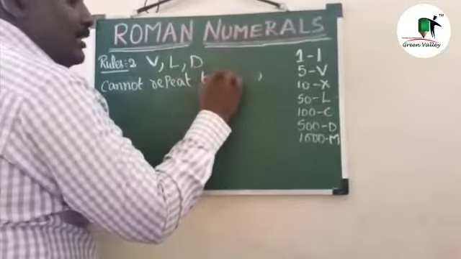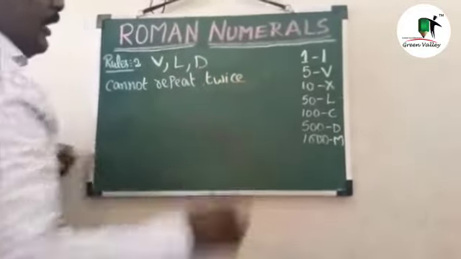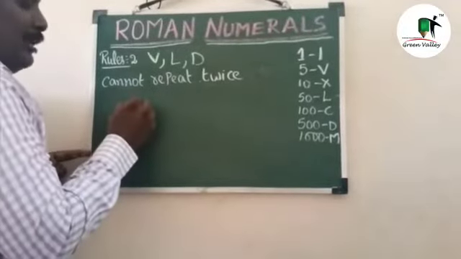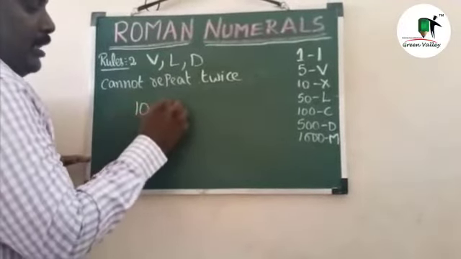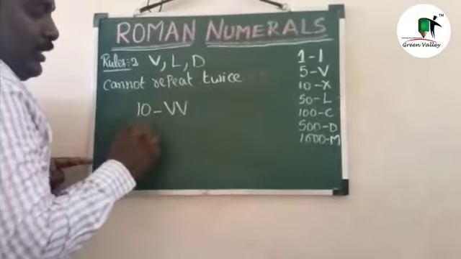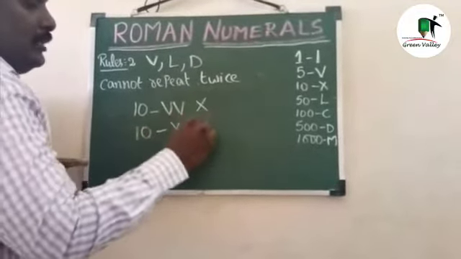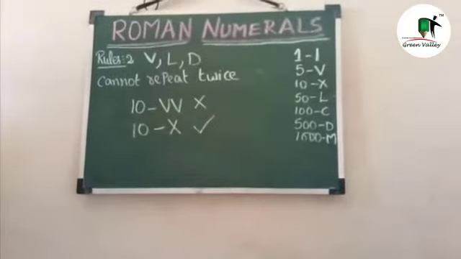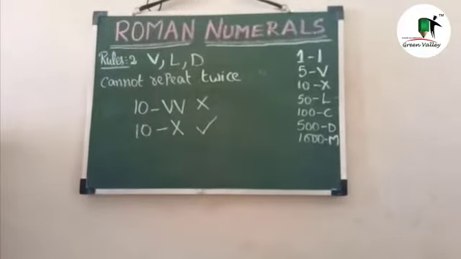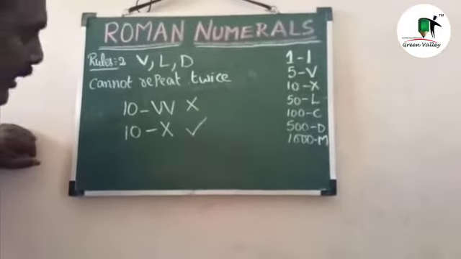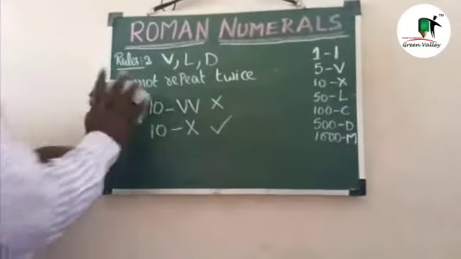For example, 10 is a number we cannot write as VV. 10 we should write as X only. This is wrong, this is right. So V, L, D cannot repeat twice.